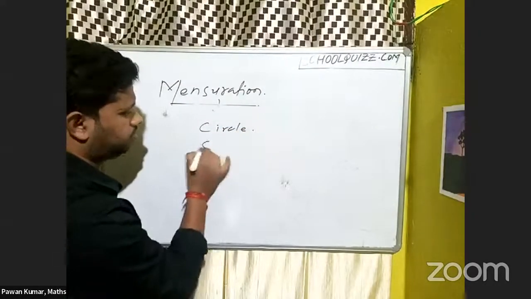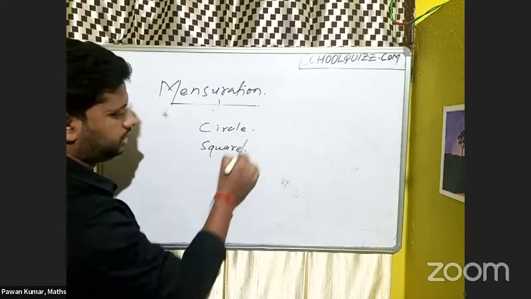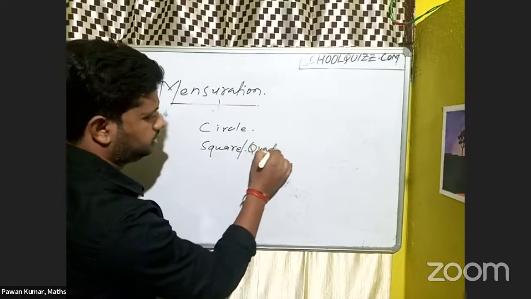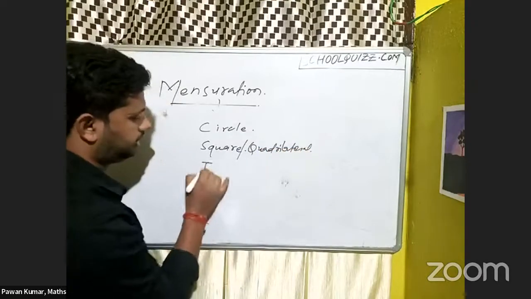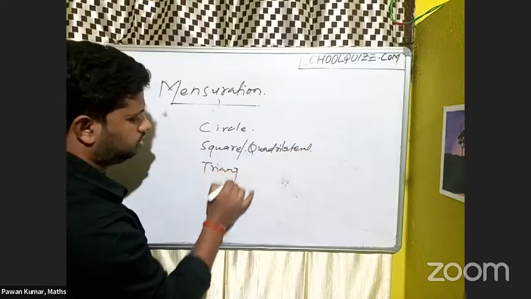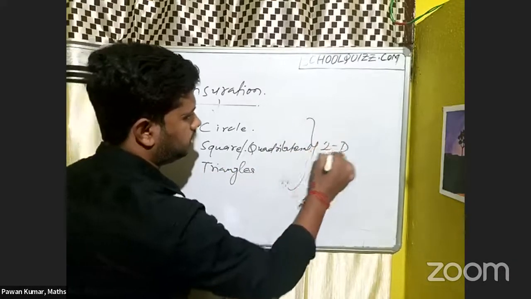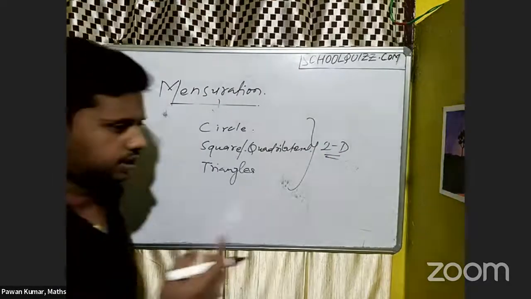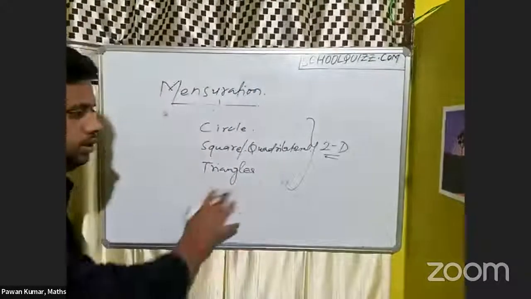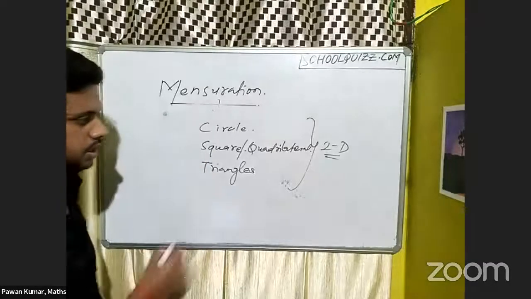We have a square, or we can say quadrilaterals, and we have triangles. So these are all two-dimensional things, correct? Why am I saying this is two dimensions? Because we can draw it in two ways, so these are the two-dimensional shapes.